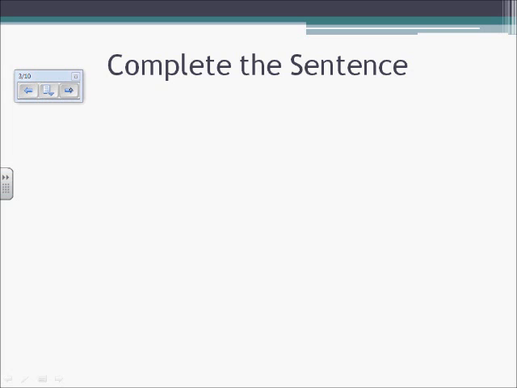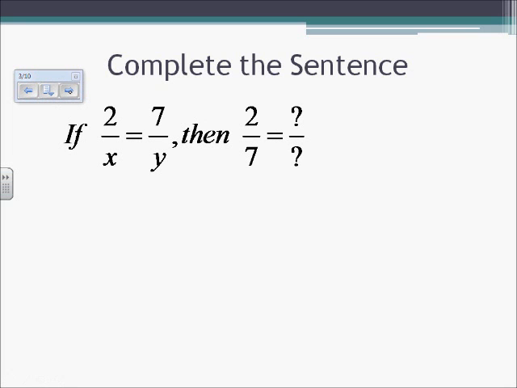Alright, complete the sentence. If 2 over x is equal to 7 over y, then 2 over 7 is equal to... Applying one of the rules we just learned, what would be the statement here? We can invert both the x and the 7, so x over y is what it equals.